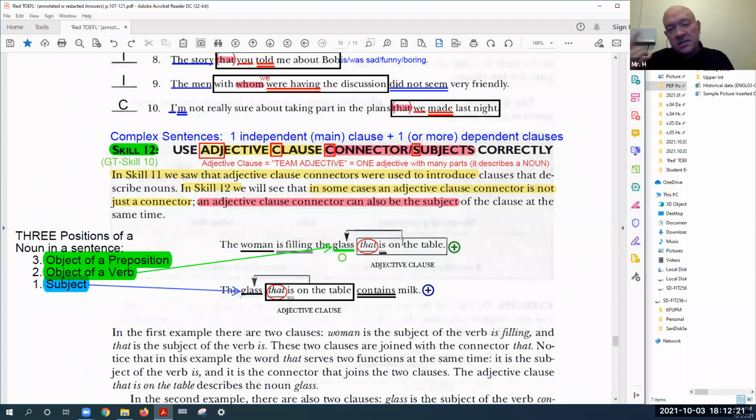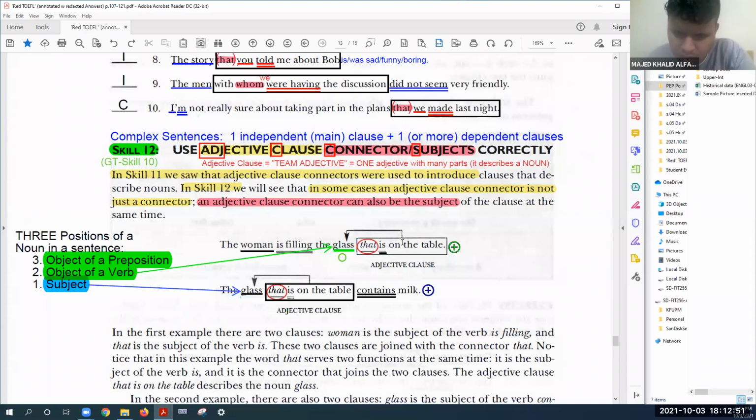Now, find in this example, Majid, give me subjects and verbs. The woman is subject and is filling verb. Okay. How about the glass? The glass is the object of the verb. It follows a verb, so it's the object, right? Is it the object of a preposition?